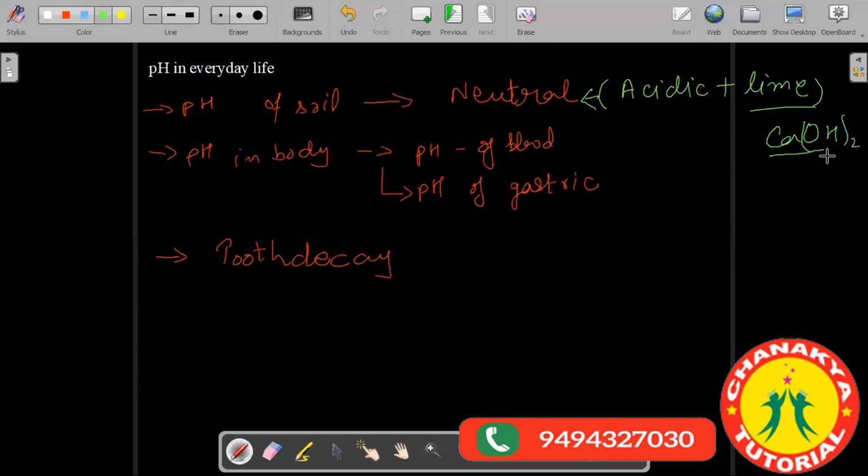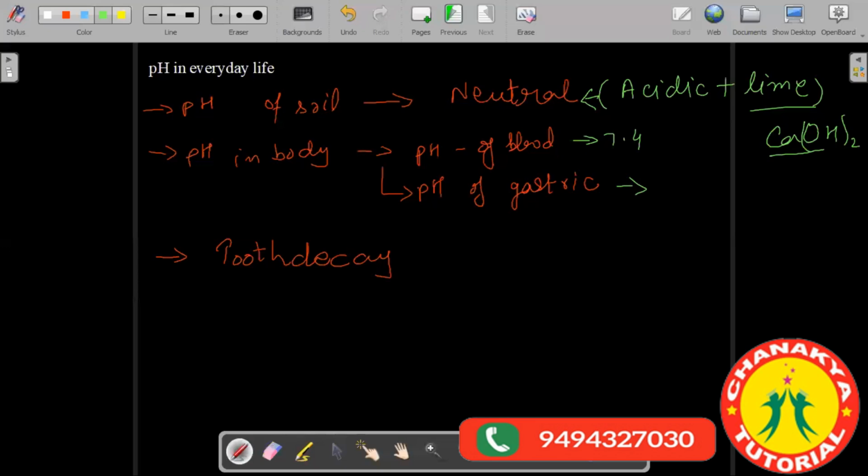If we talk of pH inside our body, blood is almost neutral. It has a pH of 7.4, which is roughly neutral. And the pH of the gastric juice is nearly 2. It lies between 1 and 2.